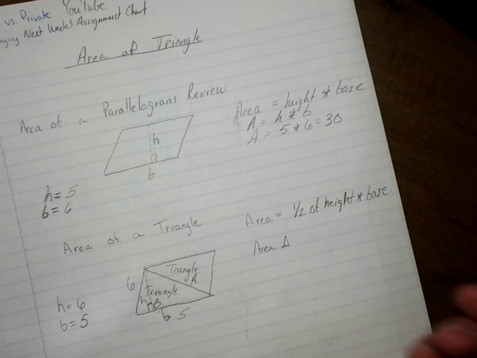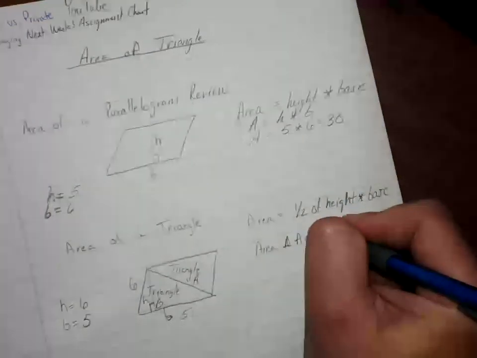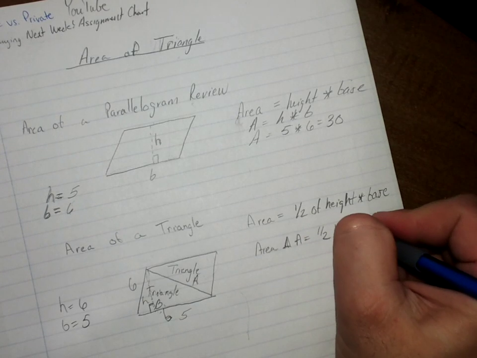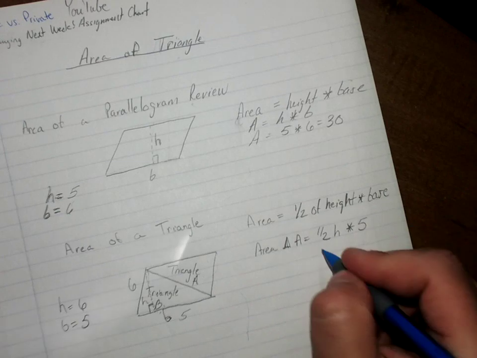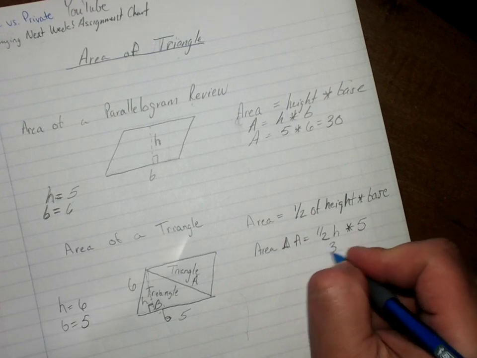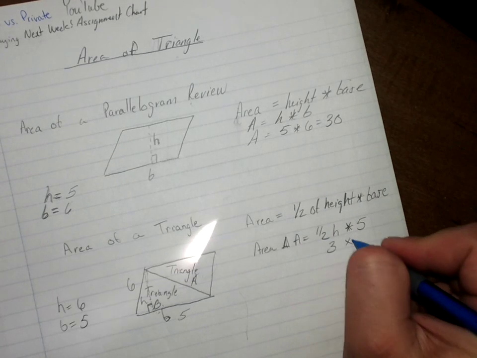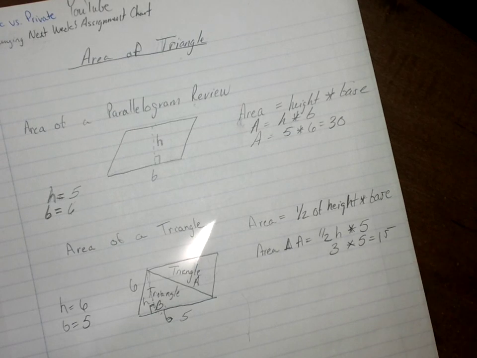It looks like an A, but it's really just a little triangle. Triangle A equals half of H times 5. You all know that half of H is 3 because H is 6. It's really just 3 times 5 equals 15.